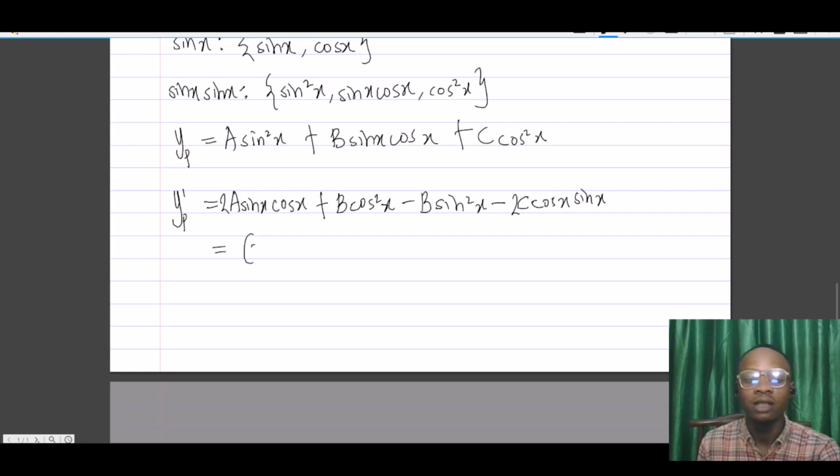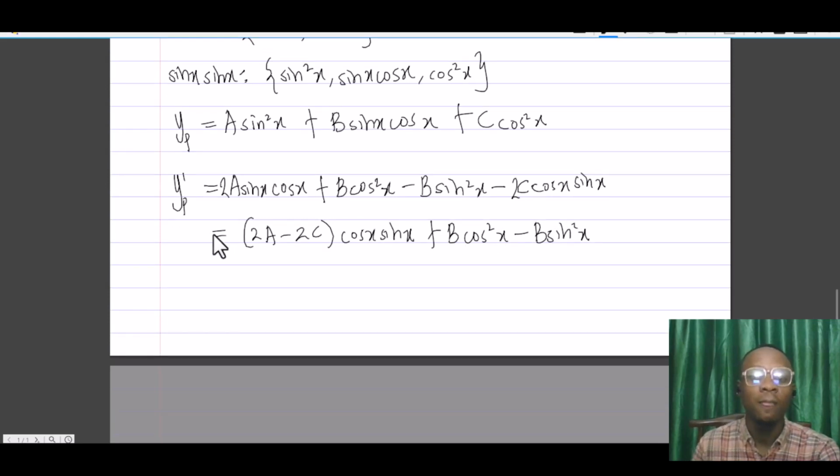So we have here 2a minus 2c, so this is 2a minus 2c into cos x sine x. Then this is plus b cos squared x, then minus b sine squared x. So with that, we're good to go. You might be tempted to say, okay, cos squared x plus, no, don't worry about that. Just leave it like that.